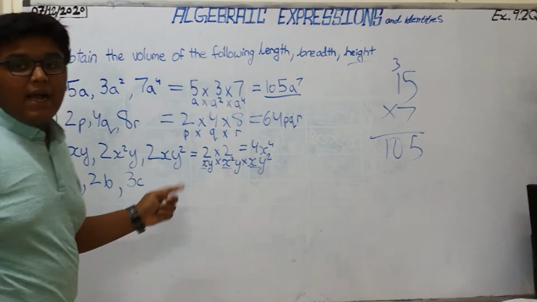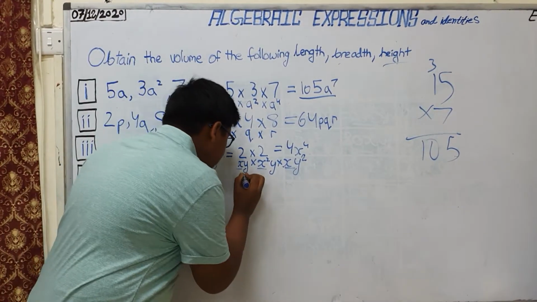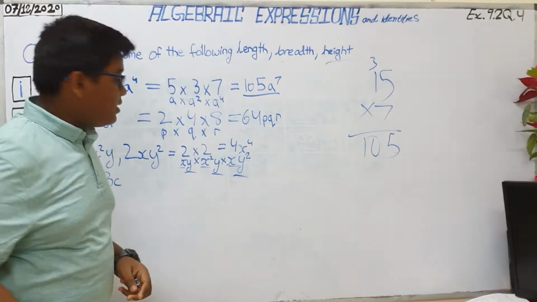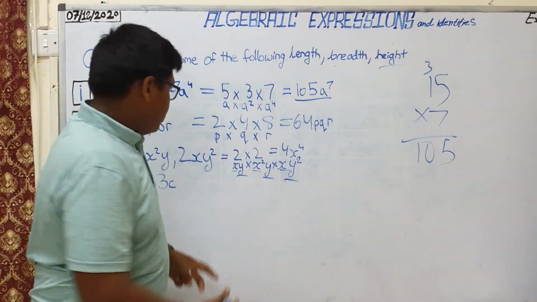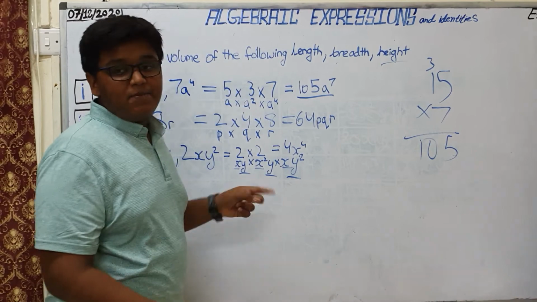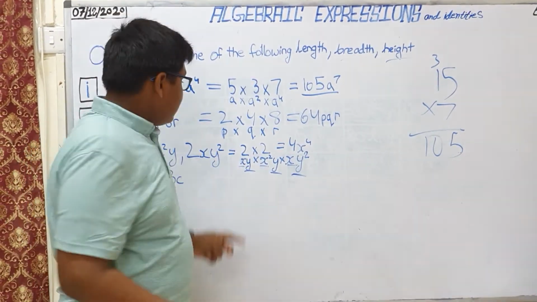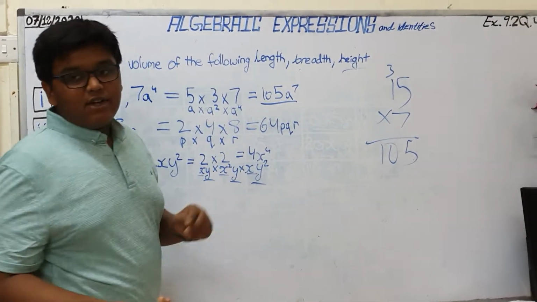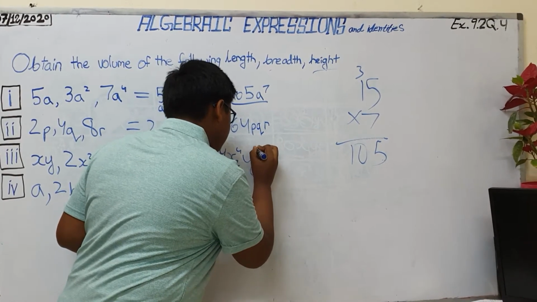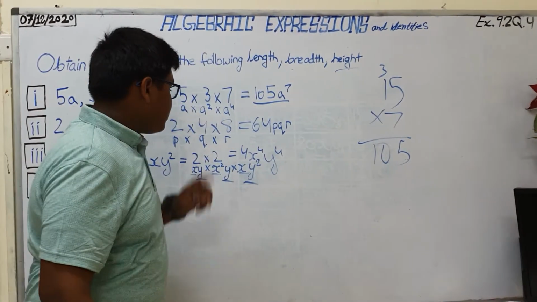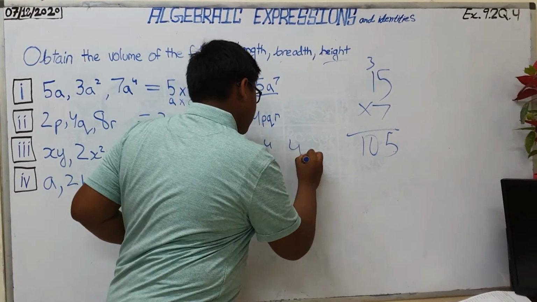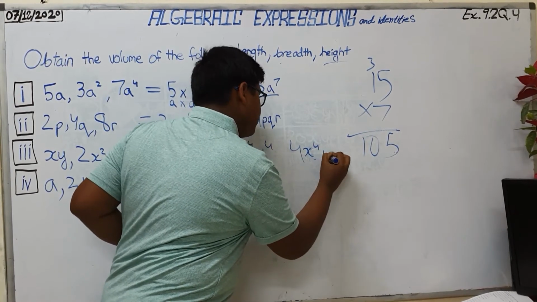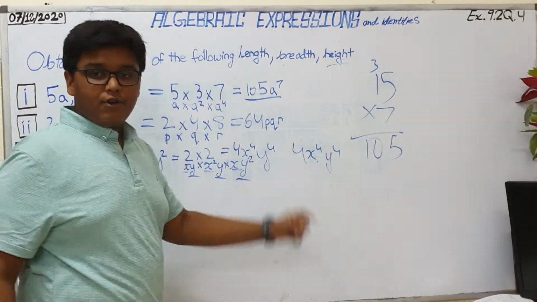Now look at the second variable, y. We have y, y square and y. Multiply them, y into y equals y. Then look at their powers. 1 plus 1 equals 2, and 2 plus 2 equals 4. Then we got the power of y equals 4. So the answer for this is 4x raised to the power 4 and y raised to the power 4. So this is the answer.